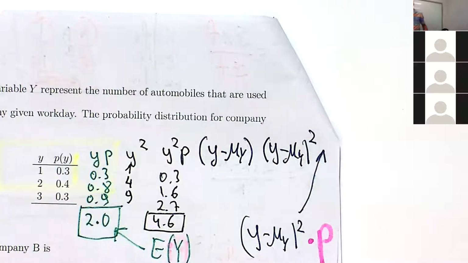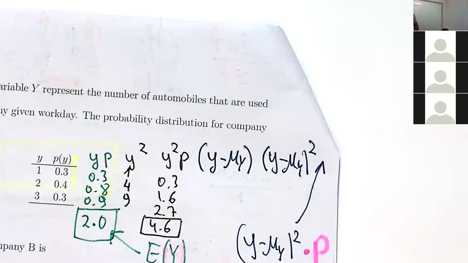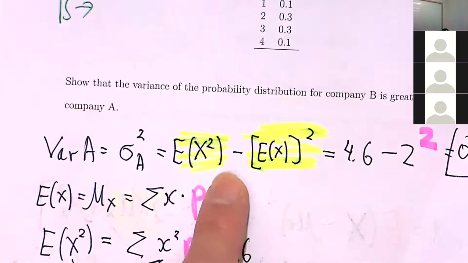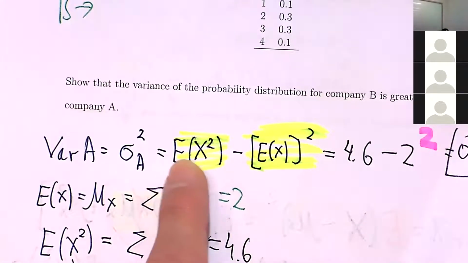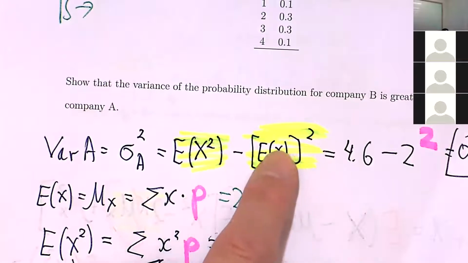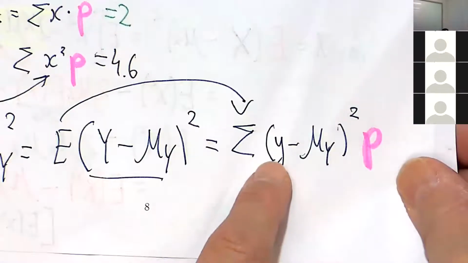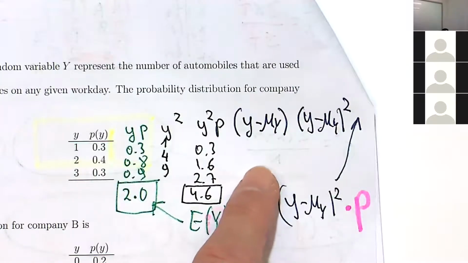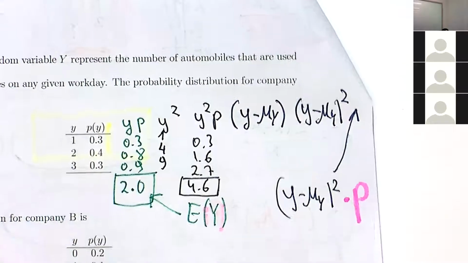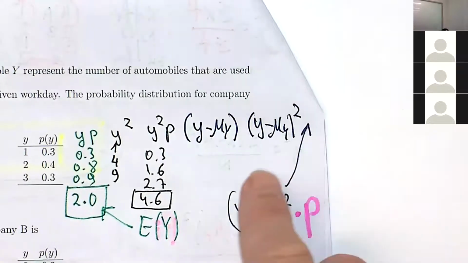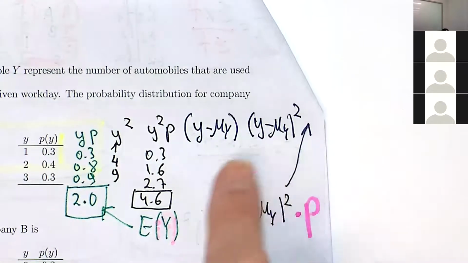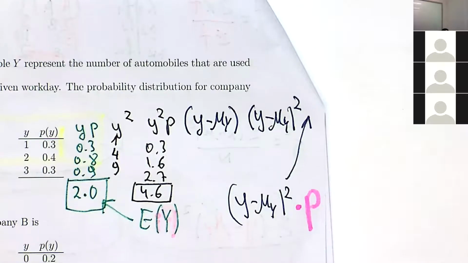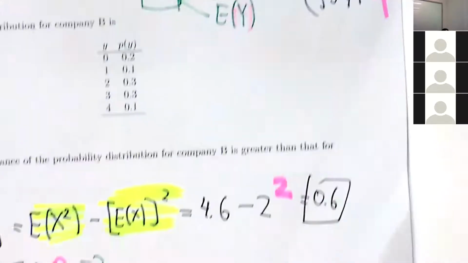And now you can see that the only reason to use this formula, expectation of the squared minus squared expectation, instead of the original definition, is the ease of computation. Nothing else but that. Because here, obviously, you'll get some decimal results. We don't want to waste our time.